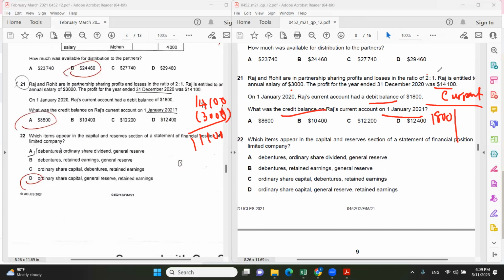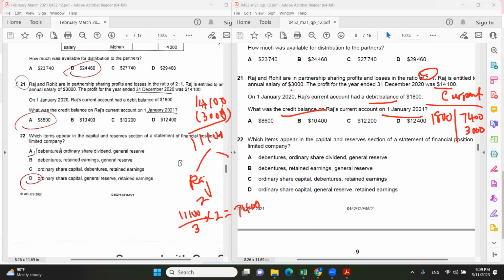And then the ratio share is 2:1. That means Raj will get 2. So I have to take 11,100 divided by 3 times 2. So I get 7,400. So this is share of the profit. Share of the profit is sitting in the credit side. And then Raj also get the salary. So salary is also in the credit side.